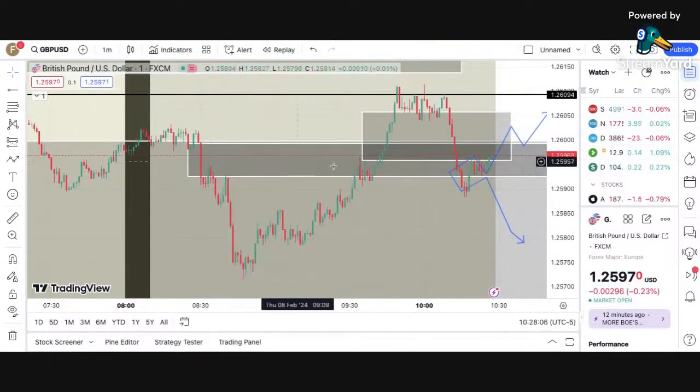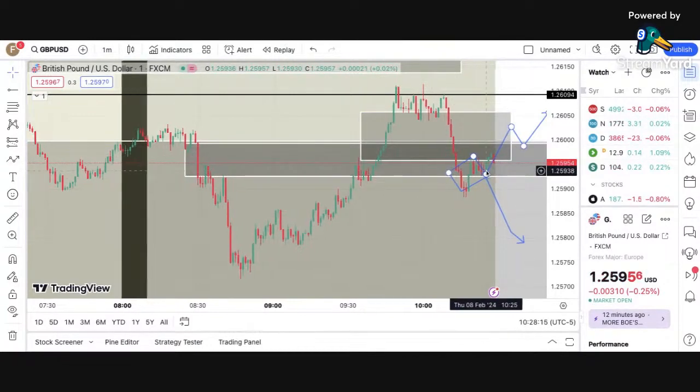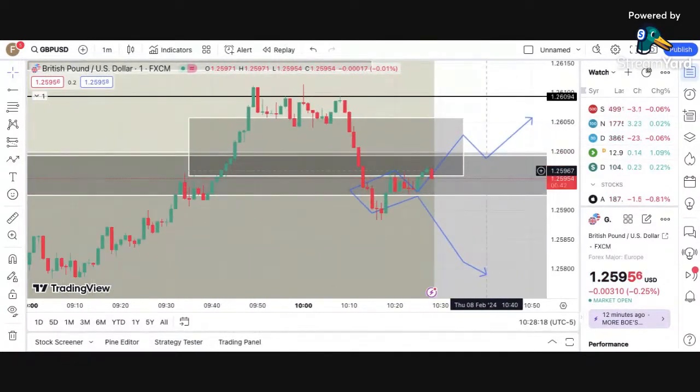So we know this pressure here will make a change in structure towards the buy. And this right here is probably the setup for the buy. This is probably going to be the retracement to about here before it goes up, which is probably going to be like this.